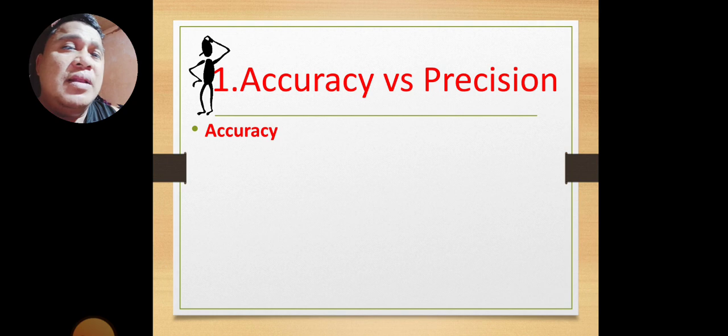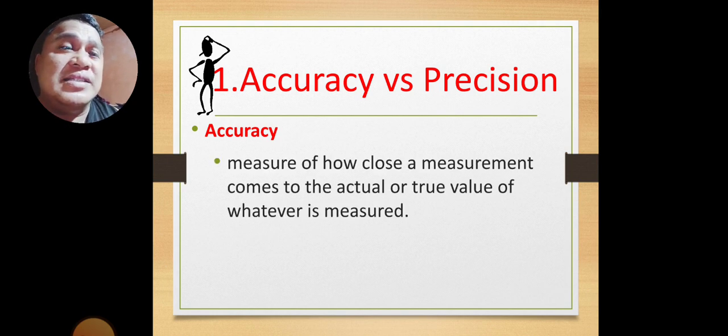To begin with our topic content, let us define the difference between accuracy and precision. Accuracy is a measure of how close a measurement comes to the actual or true value of whatever is being measured. So you have your standard value that you are trying to achieve upon how you measure a certain substance that is required in your experimentation.